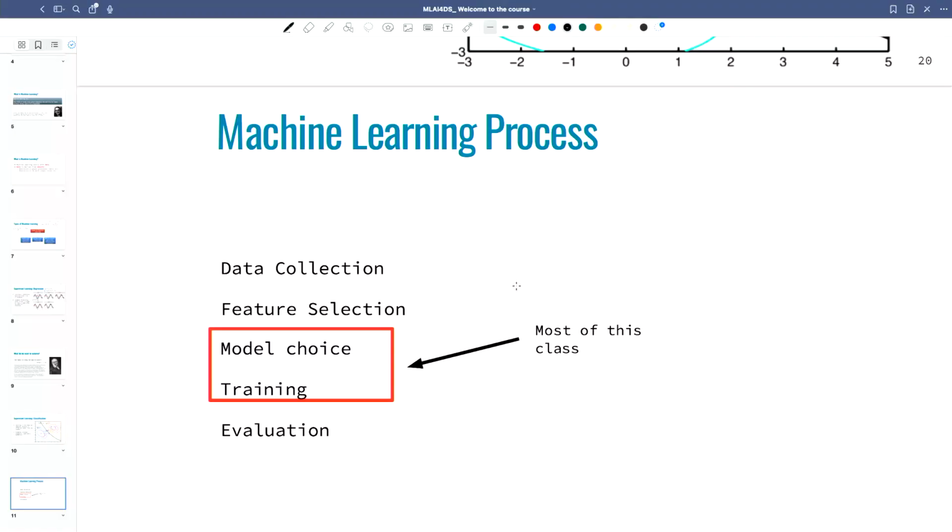And the training. The training, as I said, is the way that we decide or optimize those parameters. And the evaluation. Evaluation is to see how the model performs when it comes to unseen data, test data, not the data that has contributed to train it.